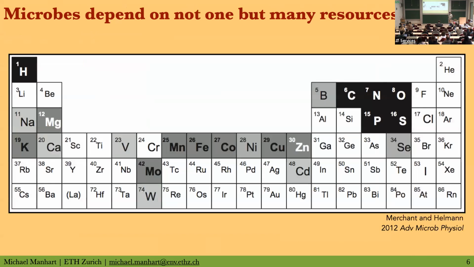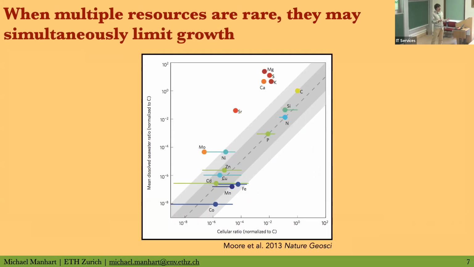But everyone here knows that microbes don't just depend on one resource, they depend on lots of resources. And you just have to look at the periodic table to see all the different elements that microbes need to grow. And this definitely corresponds in many cases to many different actual chemical nutrients that they need. And in fact, when multiple of these resources are rare, this could potentially simultaneously limit growth. And this has long been suspected, especially in aquatic systems, mainly marine systems.